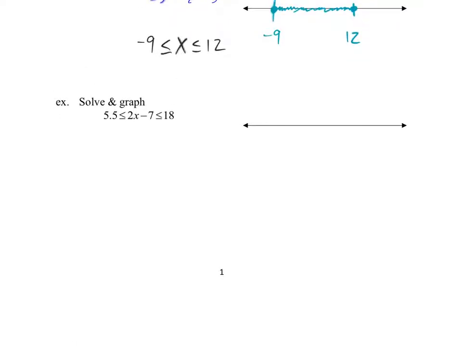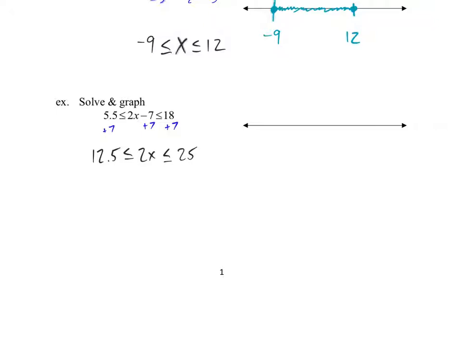Feel free to work ahead if you want to. We're not done. First of all, we're solving, so we have to do order of operations backwards. Everybody's good with that? We're doing it in all three places. So I have 12.5 is less than or equal to 2x is less than or equal to 25.